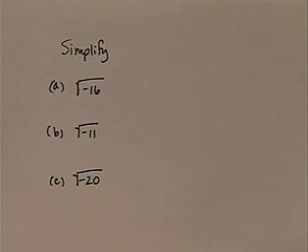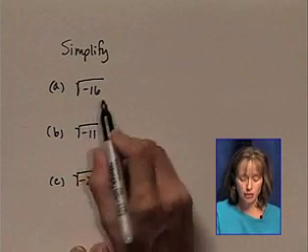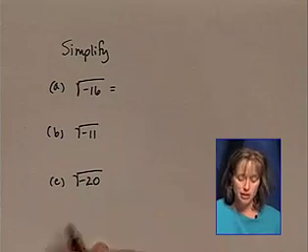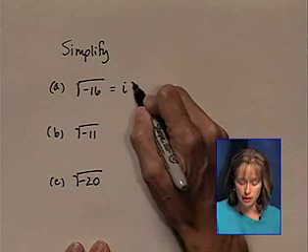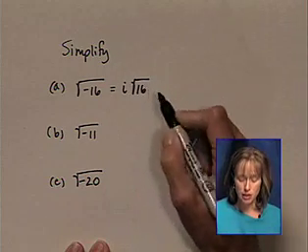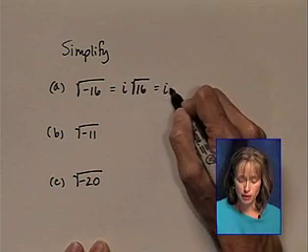Let's try this out. What we want to do is simplify some different expressions. Let's start with the square root of -16. According to that second statement on the previous page, this is the same as i square roots of 16. And I know that the square root of 16 is 4.